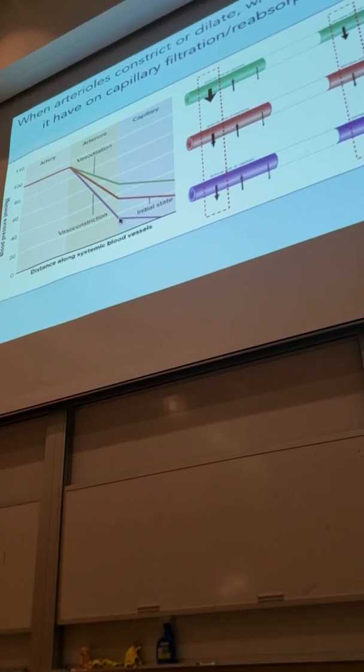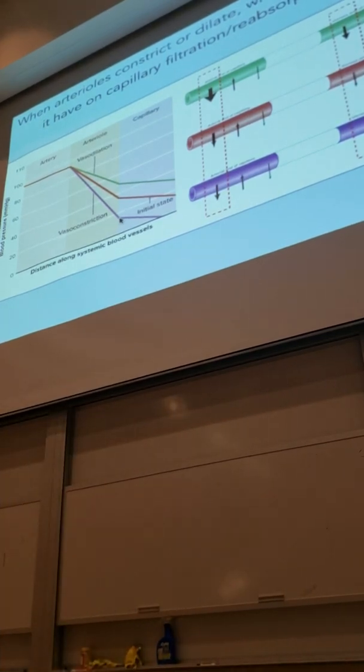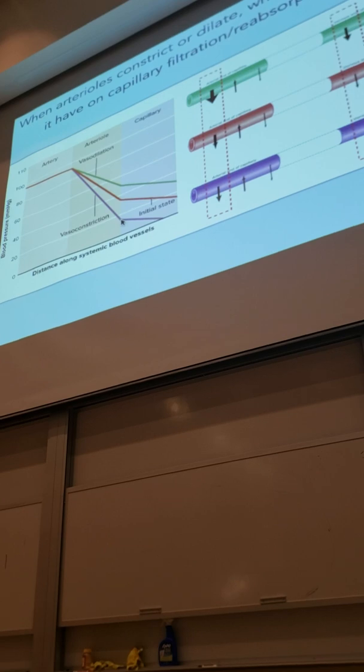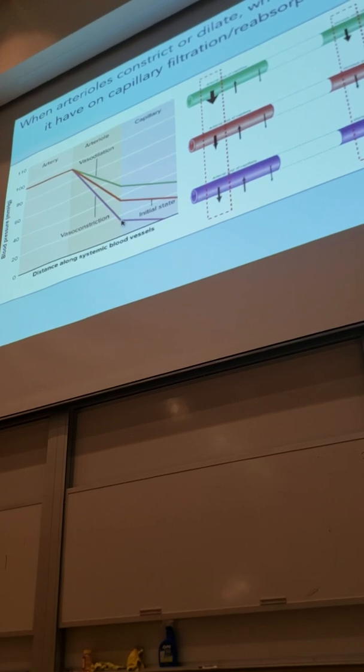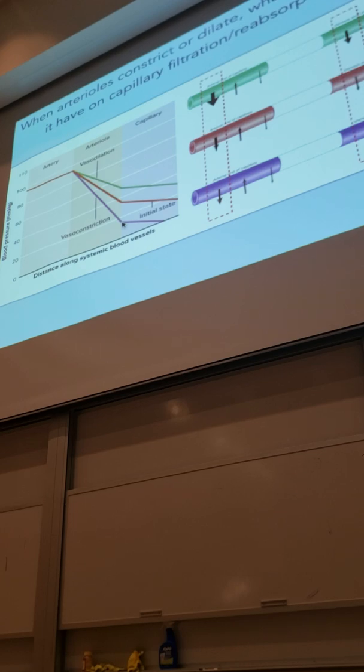If you have a local dilation, why would that make sense? Why would that benefit? Yeah, so one of the reasons you might remember is that vasodilation is one of those autoregulatory things, where these cells are in metabolic need. We vasodilate when our cells don't have enough oxygen.